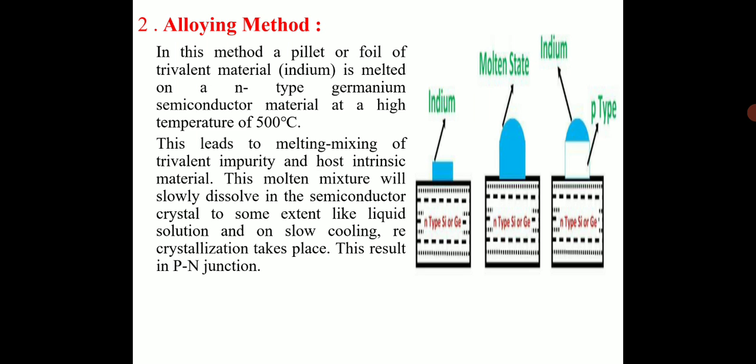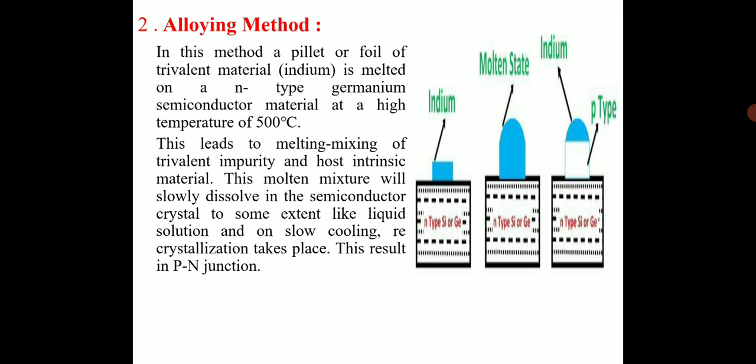Look at the first figure, the n type. Let's see figure 1. In the first step, a trivalent material, indium, is melted on the n-type germanium semiconductor material at a high temperature of 500 degrees Celsius.